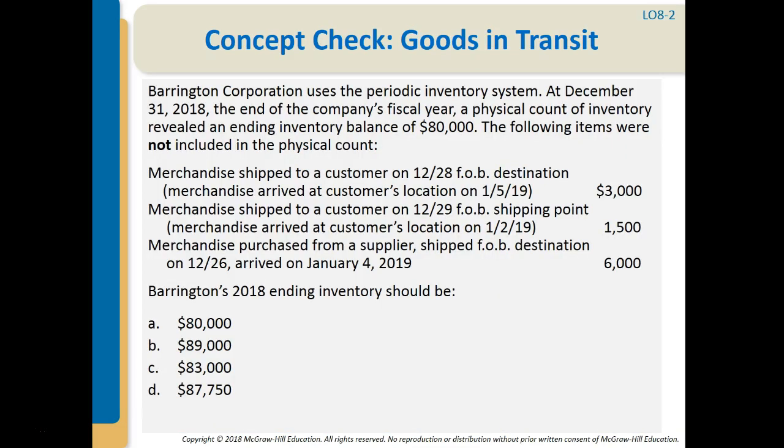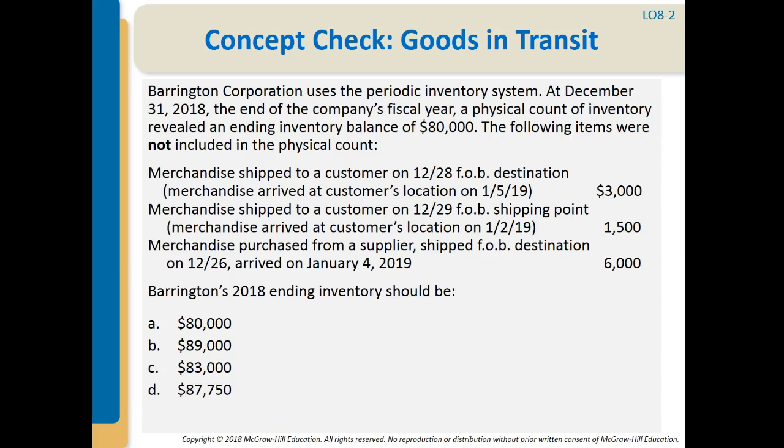So Barrington Corporation uses the periodic inventory system. At December 31st of 2018, the end of the company's fiscal year, a physical count of inventory revealed an ending inventory balance of $80,000. The following items were not included in the physical count: merchandise shipped to a customer on 12/28, FOB destination. Merchandise arrived at the customer's location on January 5th of 2019.